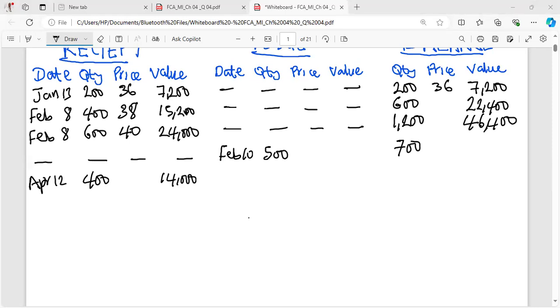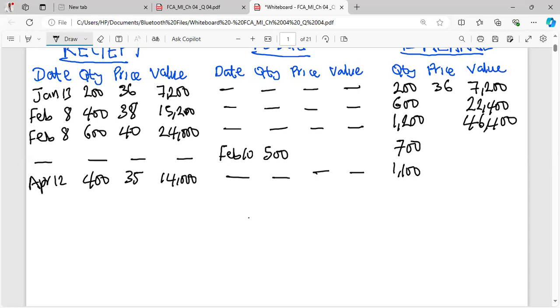So I'll simply write 35 here. Then I'll simply put a dash here, put a dash here, put a dash here, and a dash here. So 400 plus 700 will give us 1,100. We won't put any value here.